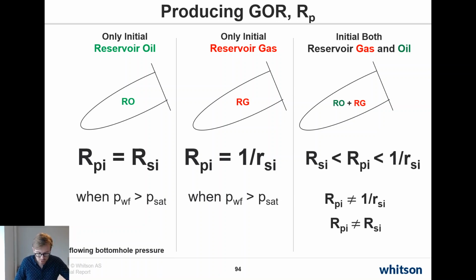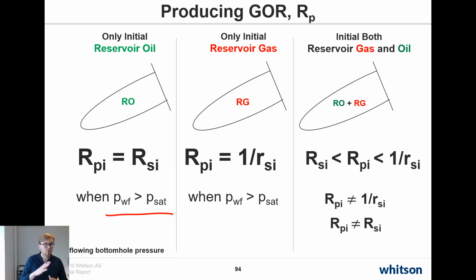What's worth mentioning here is that for a reservoir oil case, as we just mentioned, the producing GOR is equal to the solution GOR when the PWF is above the saturation pressure, essentially, in terms of pressure.